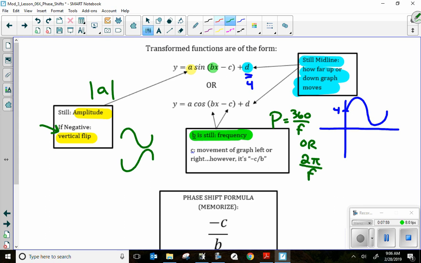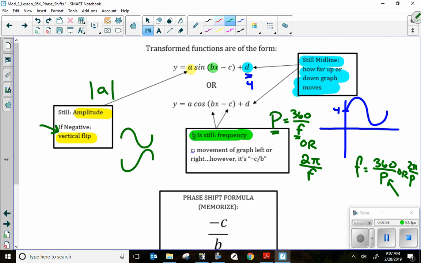And let's not forget that I can just move P and F. If I have the period, I can switch P and F. I can say F equals 360 over P. So if I knew the period but not the frequency, I could just switch those and find the frequency. Same thing, or if it's in radians, we say 2 pi over the period. Okay, so that's all good. We know this. We've been doing this for 2 lessons now when we graph sine and cosine.